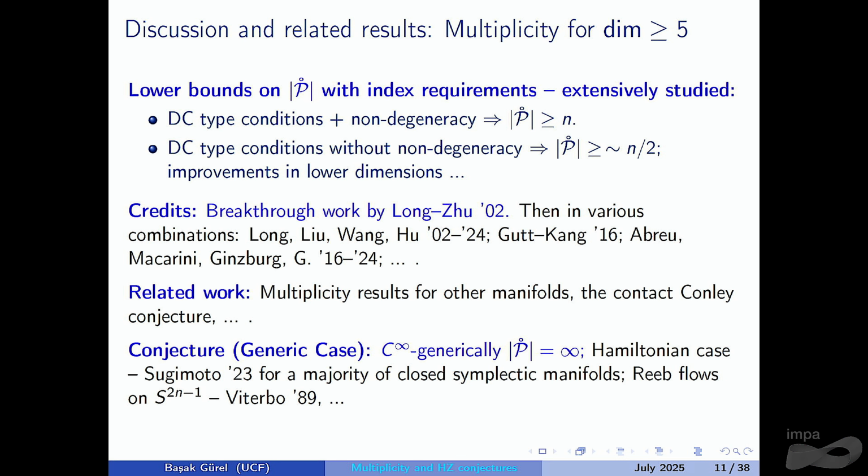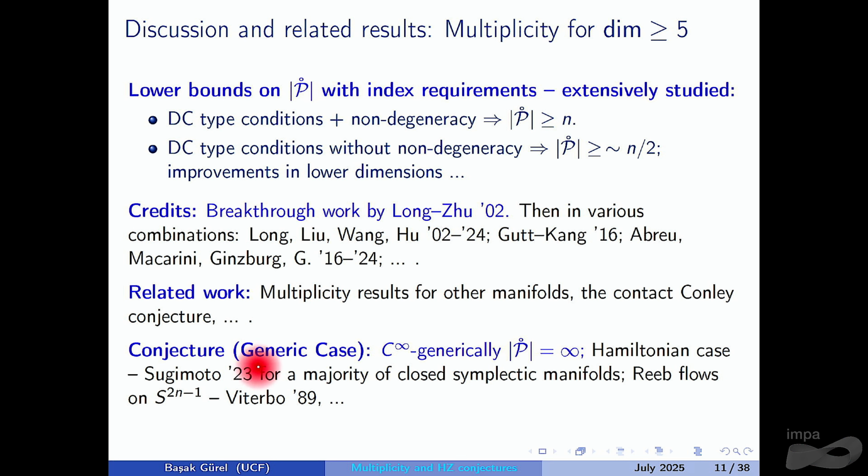There are a lot of credits here going back to Long and Zhu's work, and then Liu, Wang, Hu, Gutt, Kang, of course, Macarini, Abreu, and Victor and I worked on these problems a little bit, so there's a lot of history here. And then there is also the side of the story in the more Conley conjecture type situations where you may expect unconditional existence of infinitely many. Again, Victor, Leonardo, and I worked on this question as well at some point.